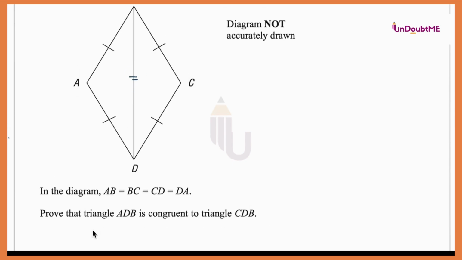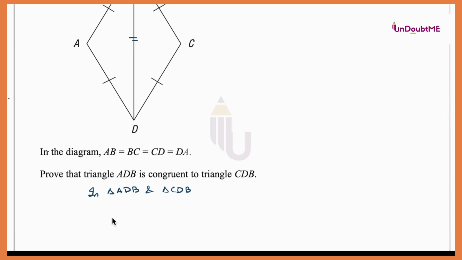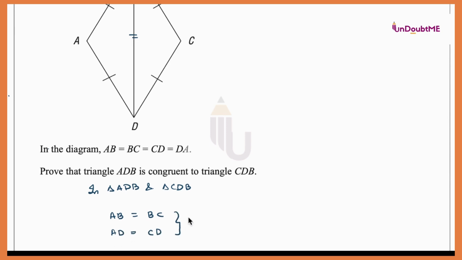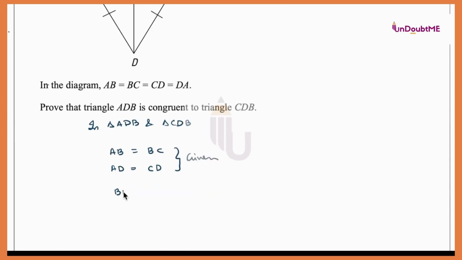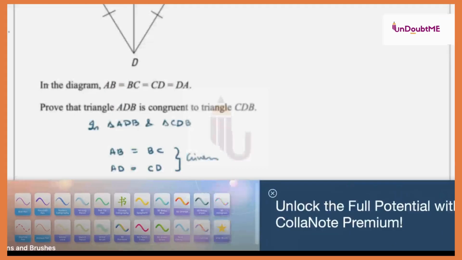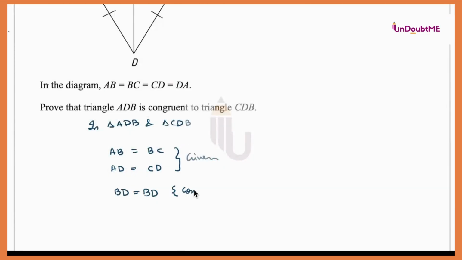So in triangle ADB and triangle CDB, AB is equal to BC, AD is equal to CD, they are given, and you can write BD is equal to BD, that will be common.